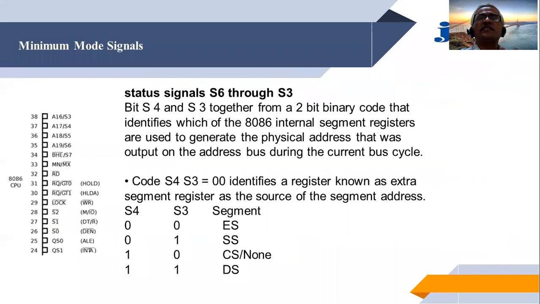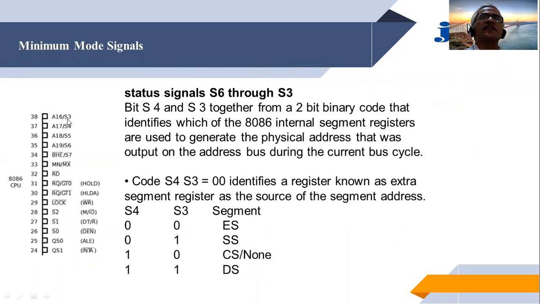Then let us see the signals which are responsible for the minimum mode of operation. Taking a recap of the 8086 CPU again, when you look at all the pins, you find that there are certain control signals, or rather status signals, which are S3 to S6.